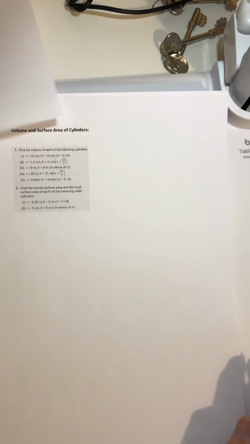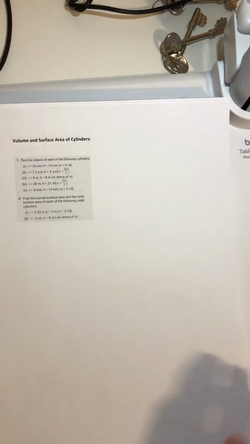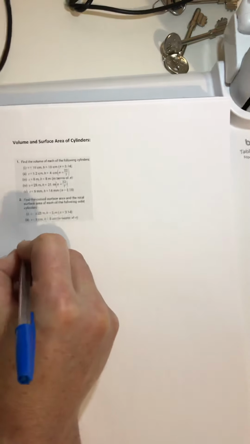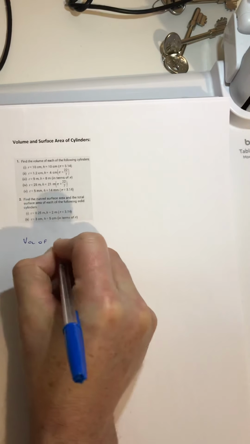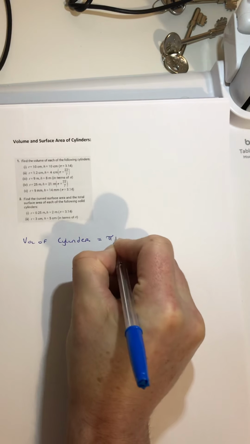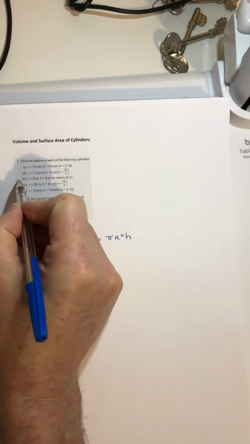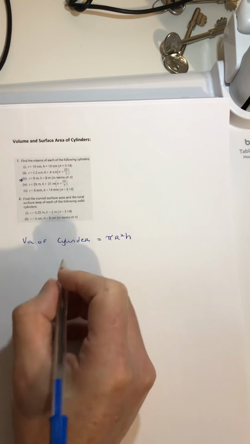Now, volume and surface area of cylinders. So how do we find the volume of a cylinder? Well, the volume of a cylinder is equal to pi r squared h. So question 1, part 3.